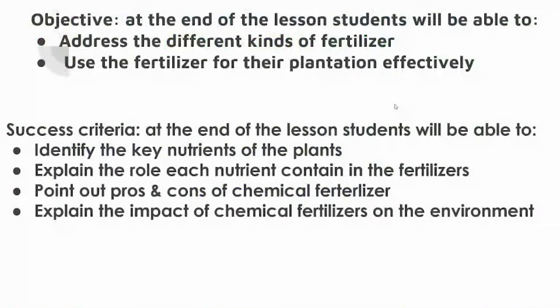So here, at the end, I hope you can address the different kinds of fertilizer. Maybe you have known it already, but you will know more clearly when we go through this lesson.